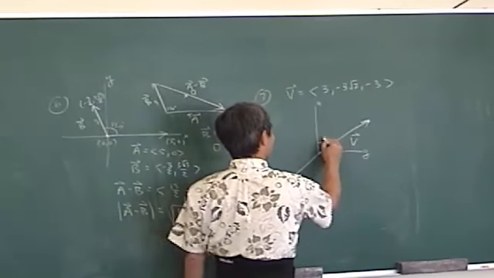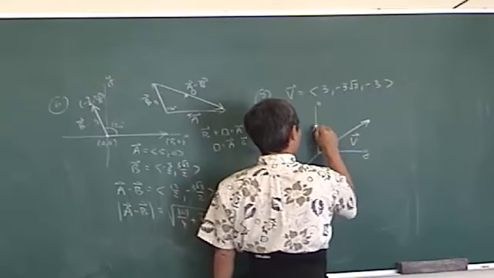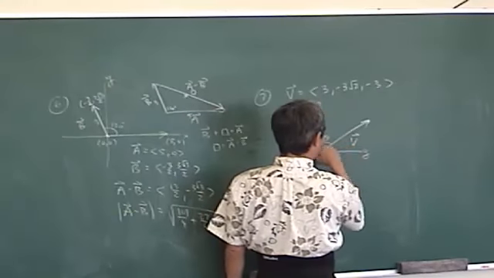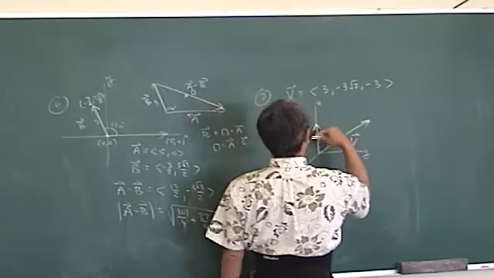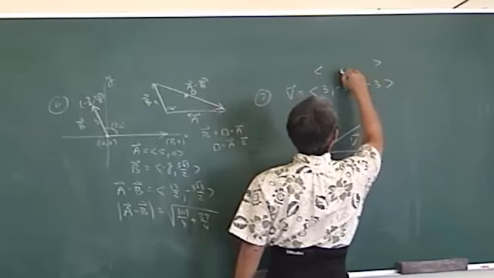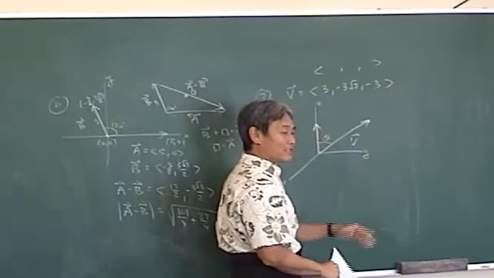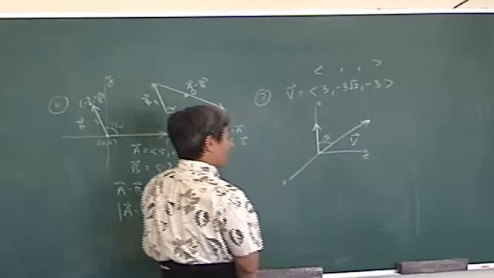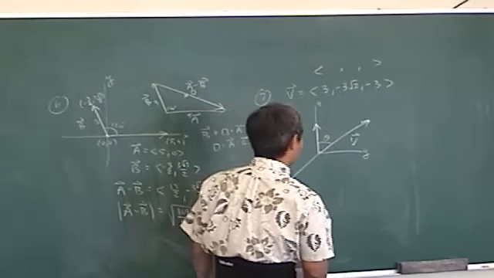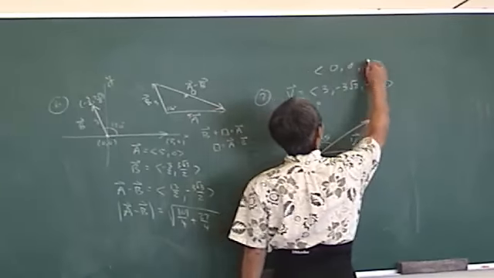Find this angle. Now, in order to use the dot product, you need to have these two vectors componentized. Well, this one is. What about this vector? How do you componentize a vector that points in the positive z direction? Well, there's an infinite number of them. Just come up with one of them. 0, 0, 1.